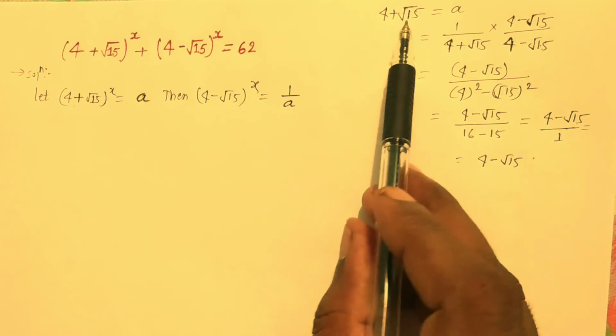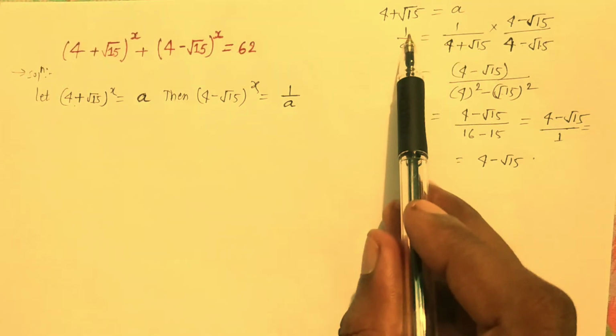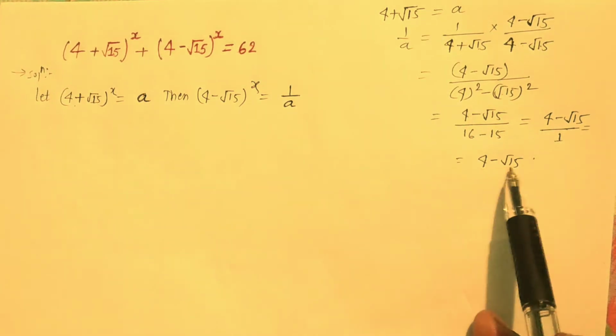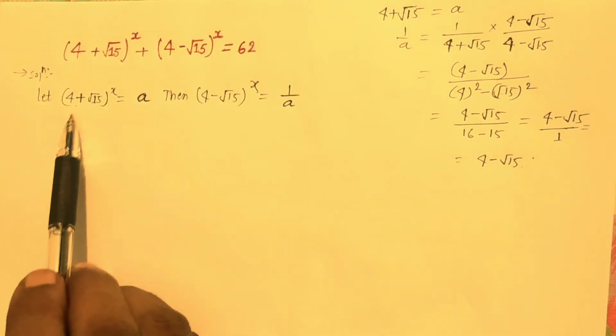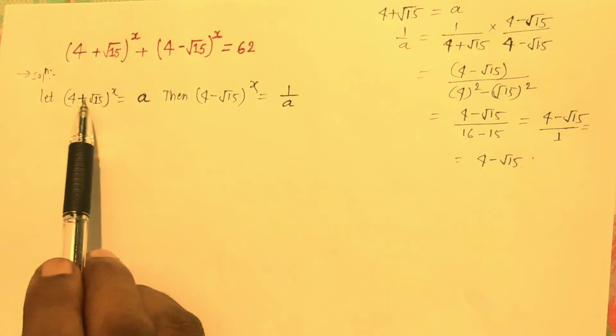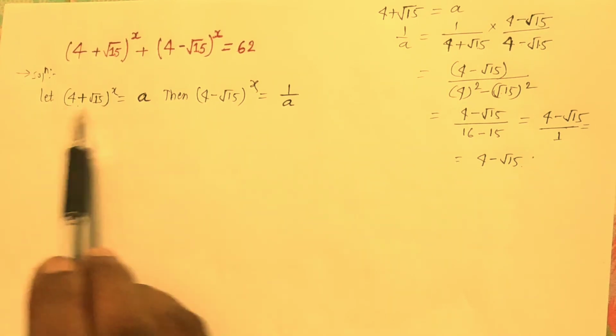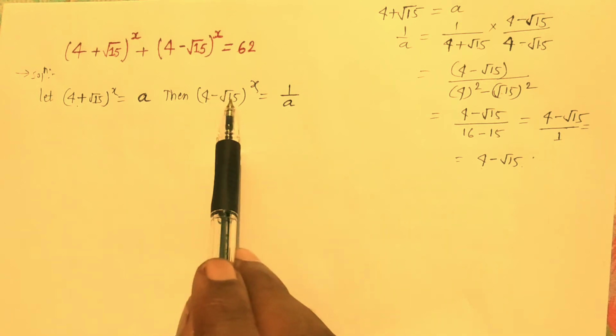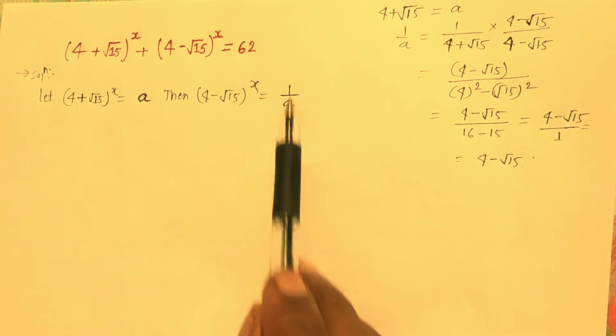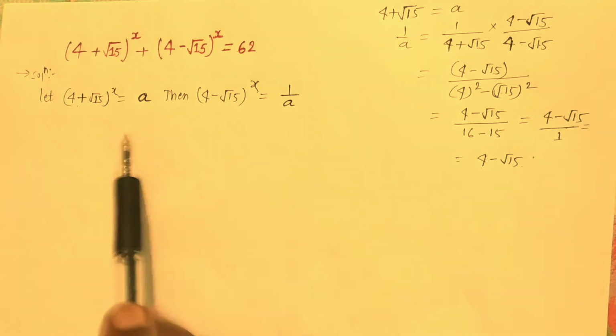So if 4 plus root 15 is a, then 1 by a will be 4 minus root 15. Therefore, I have let (4 plus root 15) to the power x as a, then (4 minus root 15) to the power x becomes 1 by a, because they are reciprocals, they are conjugates of each other.